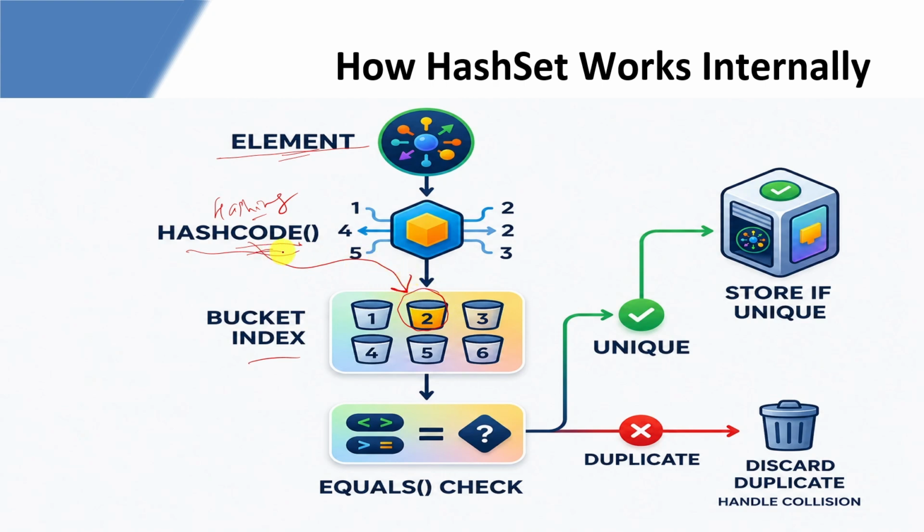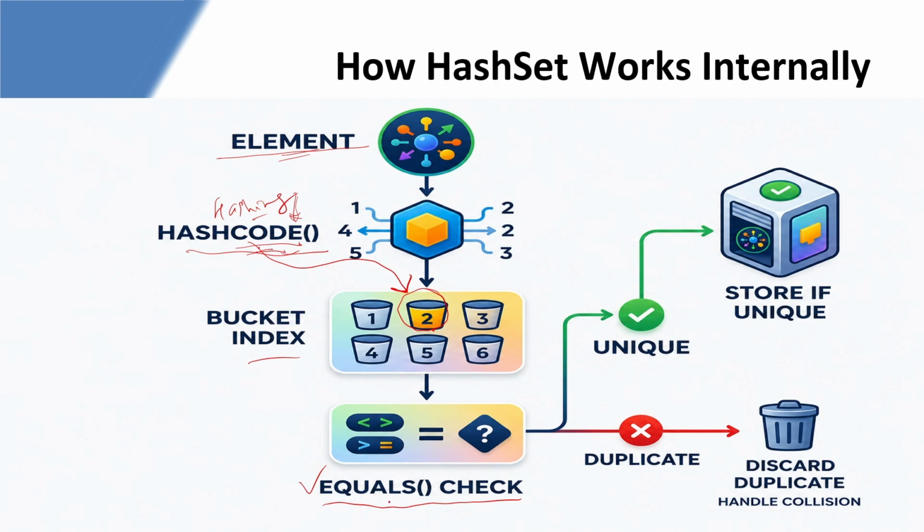And how is the hash code generated? With the help of the element. Based on the element, the hash code will be generated, and with the help of this hash code, it will go to the particular bucket, and inside this bucket index, we will have multiple elements. For those multiple elements, it will check equality using the equals method. These are built-in methods provided by Java.